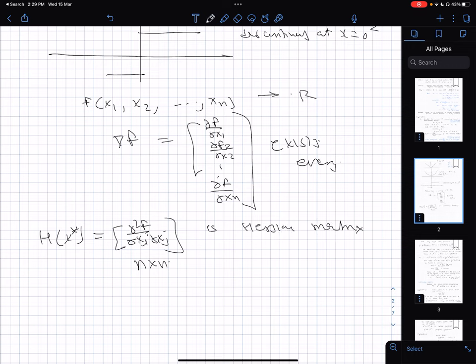and usually we will be involved with functions of this type, which is like del square f by del xi del xj evaluated at some x star, with i equal to 1 to n, j equal to 1 to n.